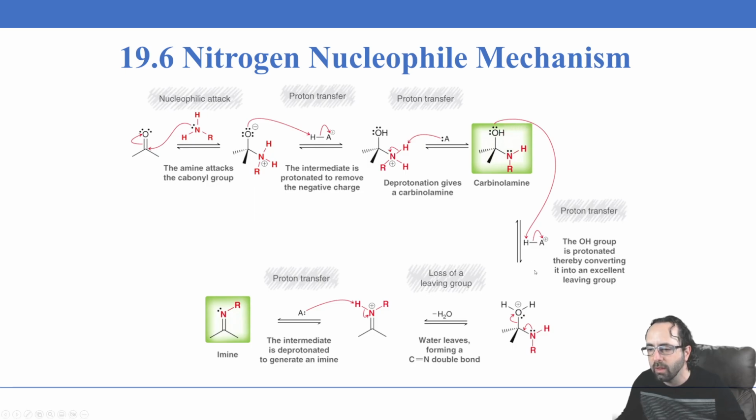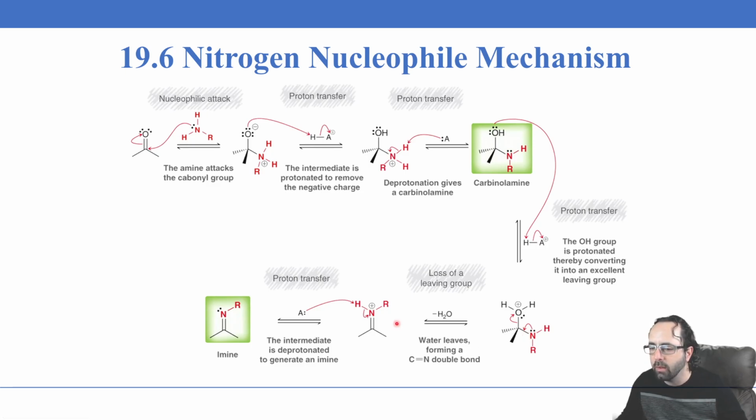So the protonation of the alcohol here leads to an oxygen with 3 bonds and 1 lone pair, thus a positive formal charge. And when it leaves as this leaving group here, it can leave as water, a nice neutral leaving group, a very good leaving group, whereas hydroxides are not so good leaving groups. They don't stabilize. They have a negative charge that's not super well stabilized. And so simultaneously, this double bond between carbon and nitrogen is formed.